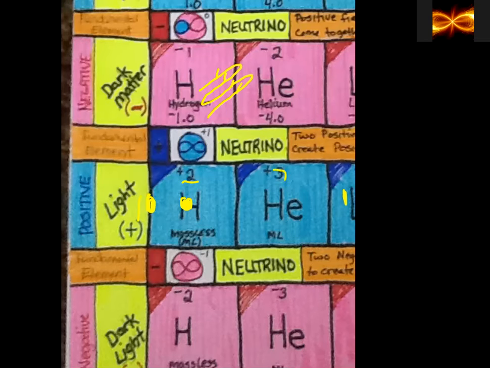That means there are a total of 3 field interactions, 2 and then the third one, that are trapped here. So you've got hydrogen and helium trapped between the neutrino and the lithium because you had 4 field interactions. We're just talking about energy fields here. We're not talking about atoms.